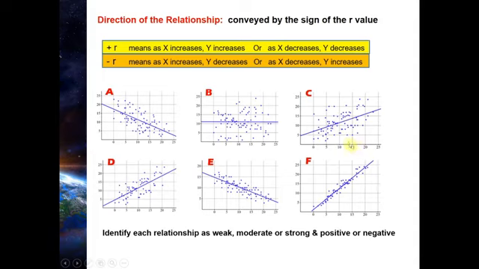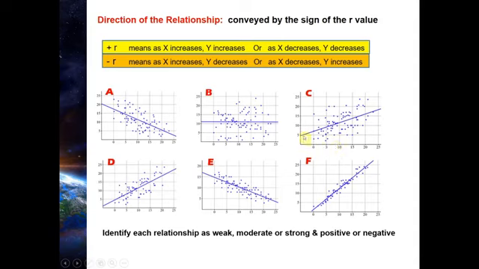So this is a positive relationship. It's not perfect because not all points fall on the line. Same thing over here. We said this is a negative relationship. Not all points fall on the line, but we can see a very definitive pattern. Same thing over here. Only this pattern here represents a positive relationship. X and Y are both moving in the same direction.